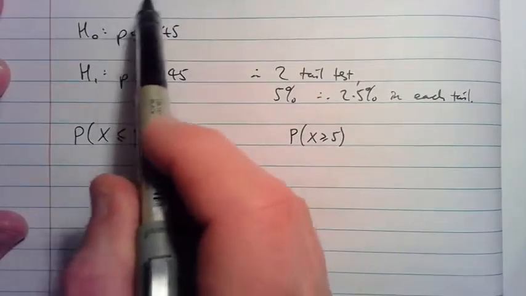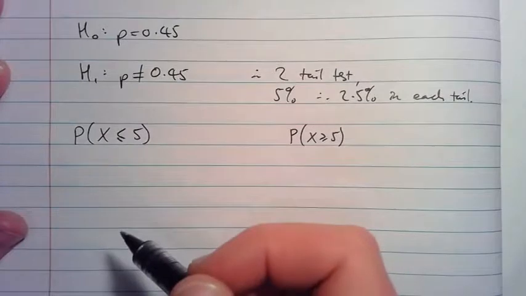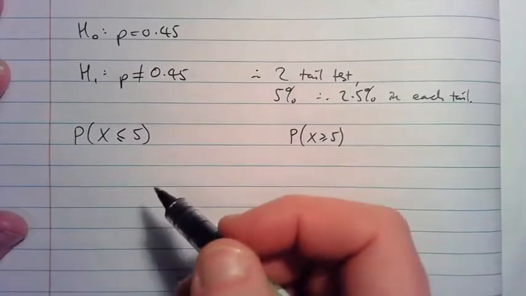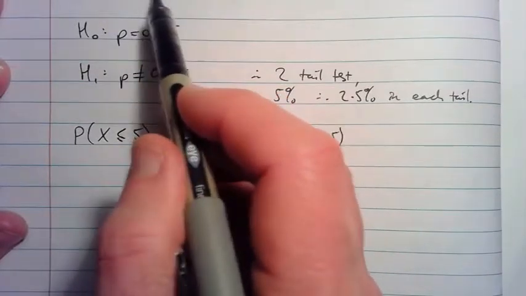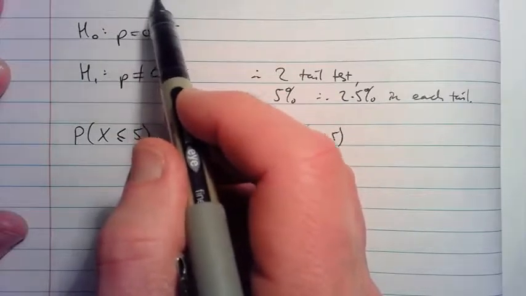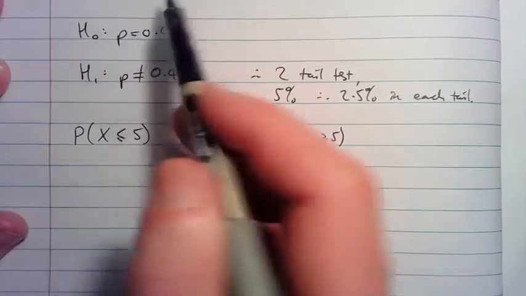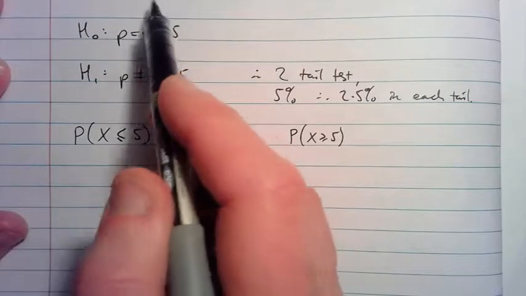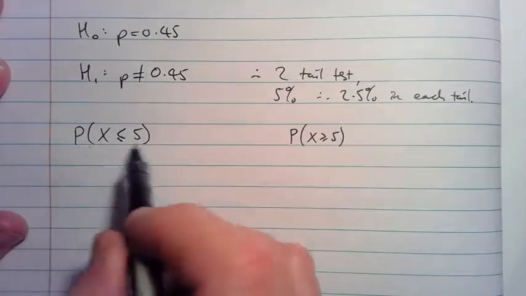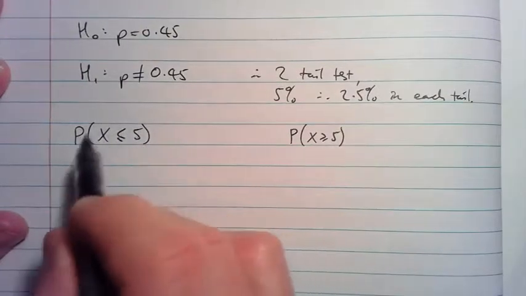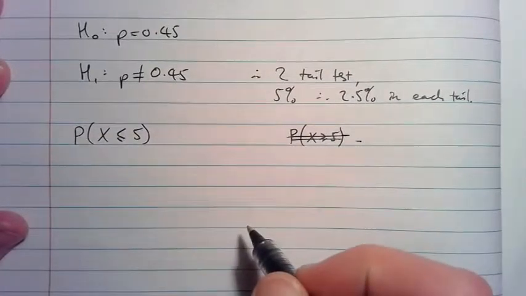If you think about 20 people and only 5 of them are claiming to be voting for Mrs. George, we're expecting nearly half of them, 45%, which is actually 9, so 20 times 0.45 is 9. If the test was done lots and lots of times, we would expect the average to be 9. 5 is on the low side of 9, so that's where it's most likely, if anywhere, to be in the critical region. So the high side is not an option.